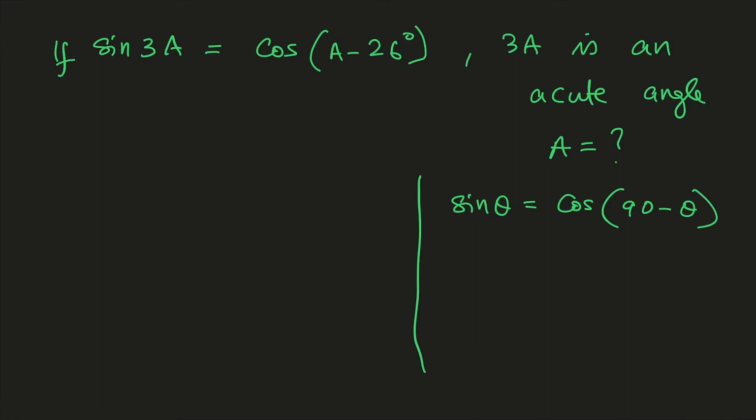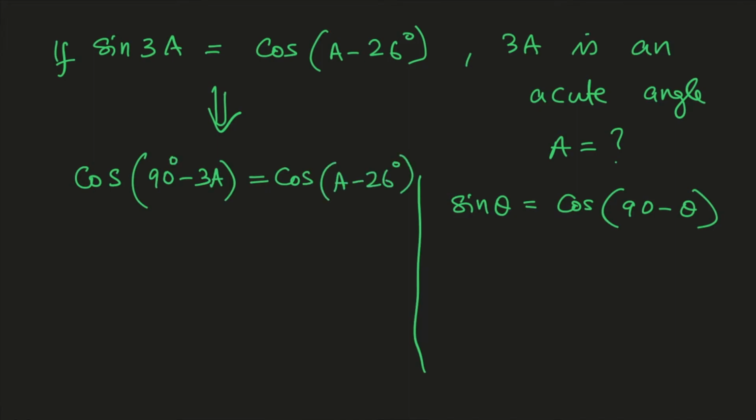Now, what we can do is write the sine of 3a as cos of 90 minus 3a, equal to cos of a minus 26 degrees. Okay. Now, in the next step, you can write 90 degrees minus 3a equal to a minus 26 degrees.